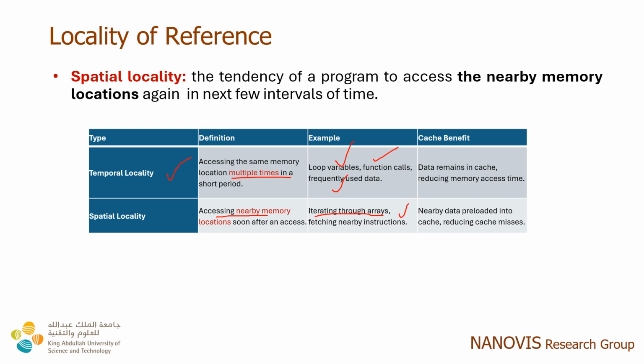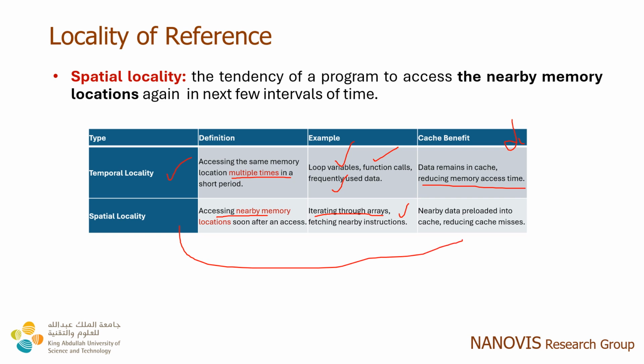The benefit for temporal locality is that the data remains in cache, reducing the memory access time. For temporal locality, for example, if I access data D1, we have to put it in the cache for use in the next few intervals of time.